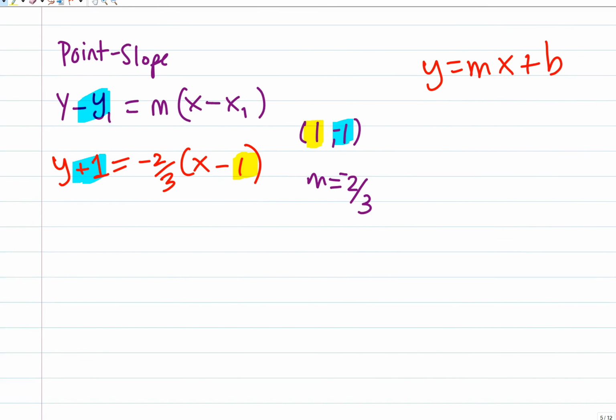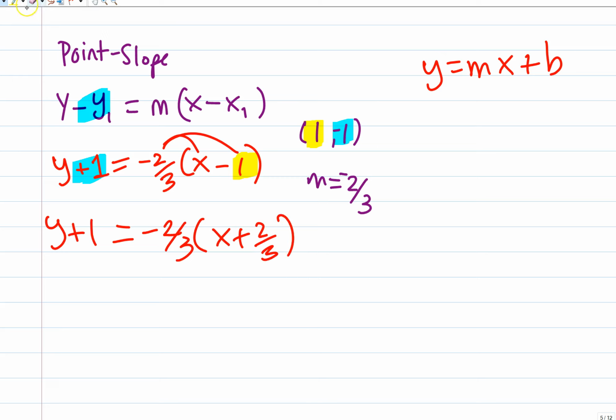Now, if they ask for the answer in mx plus b, is the answer in that form yet? What do we have to do first? y plus 1 is equal to negative 2/3 x, how about plus 2/3? And I don't need that parenthesis anymore. Jeez, what's wrong with me today? Sorry about that.